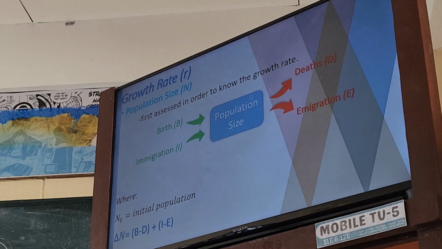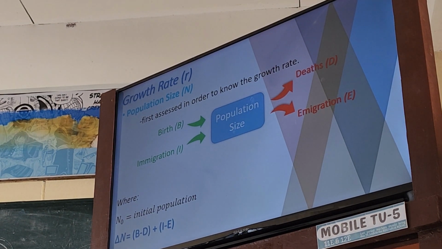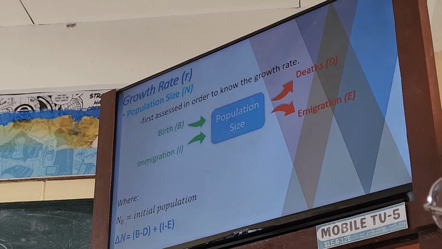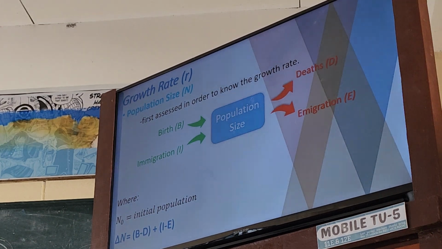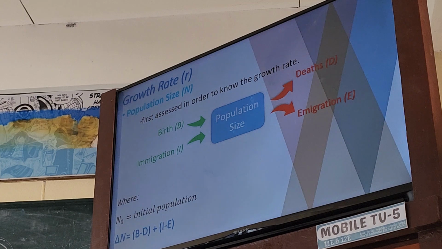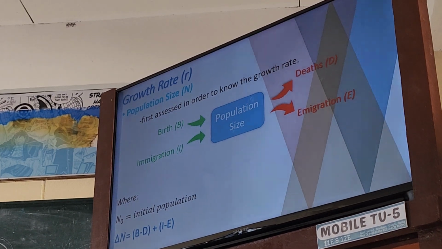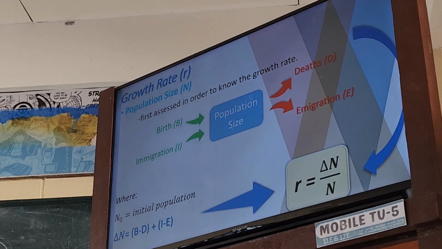You need to find the difference between the number of births and deaths, plus the difference between immigration and emigration. Then you find your change in population size. From there, you can start computing delta N, or change in population size, divided by initial population.